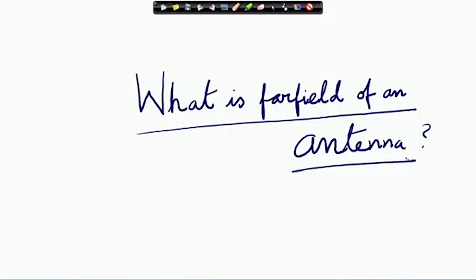It is not only for a current element type of simple antenna. For any antenna, far field represents the place from where the radiated beam is formed and the power is transported. So, it is very important to decide a quantitative measure of far field.